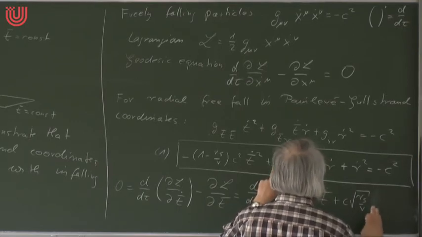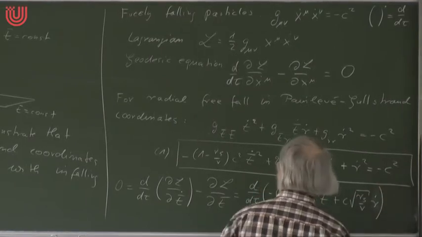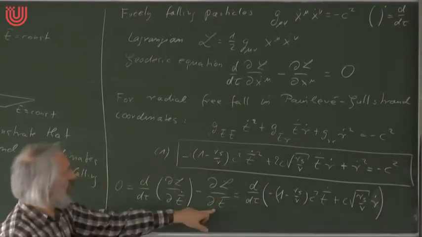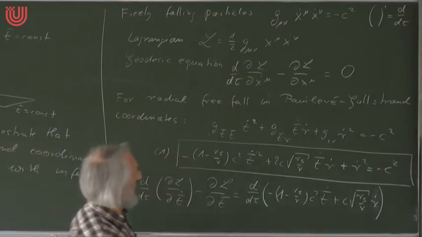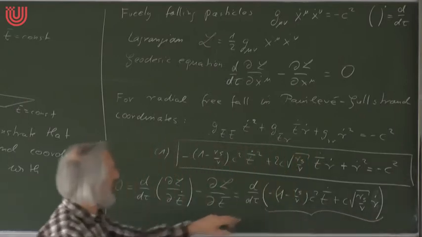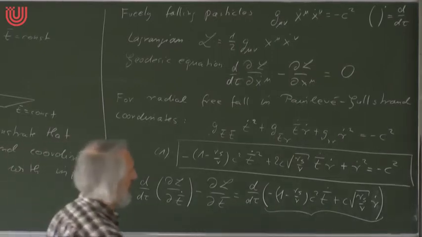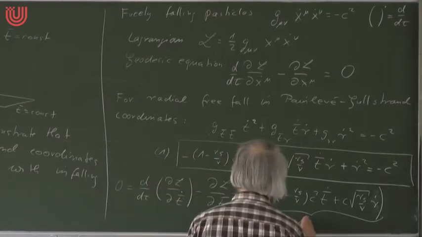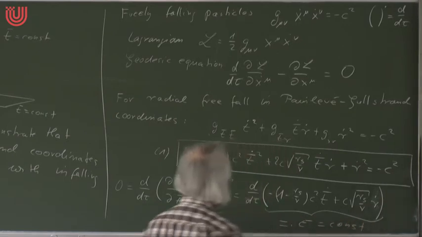No, I take derivative with respect to t bar dot, so it's r dot. And that's it. And this is 0. There's no t bar in the coefficients. So what does this mean? That means that this here is a constant of motion. Yeah? d by d tau of something is 0. Means that something is a constant of motion. And this constant of motion is usually called the energy, and it's a constant along each solution.